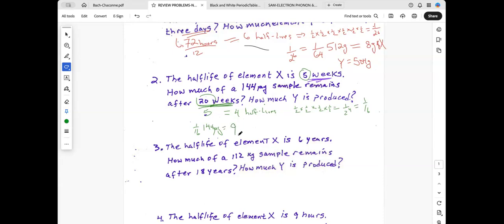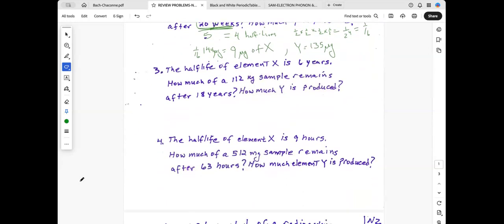Yes, 9 micrograms of X. That's all that's remaining of X. So how much Y? Well, 144 minus 9. So the amount of Y should be 135 micrograms of Y. Okay, because 135 plus 9 adds up to the original 144.